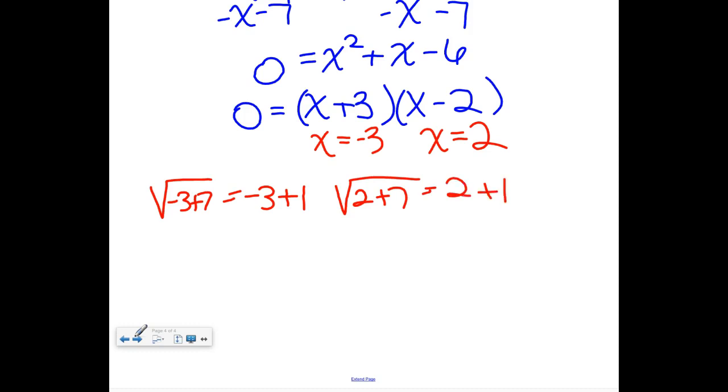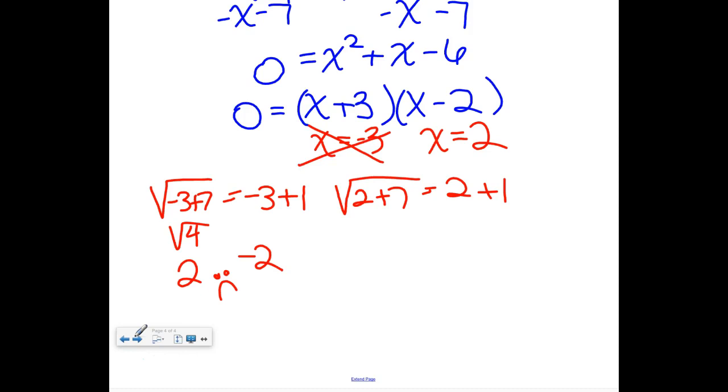On this one, I have negative 3 plus 7, which is 4. And the square root of 4 is 2. Over here I have negative 3 plus 1, which is negative 2. 2 does not equal negative 2, so that is bad. So that means this one is an extraneous solution.